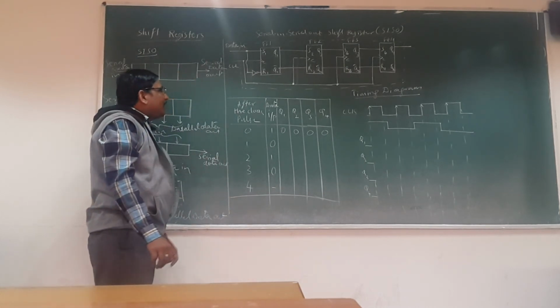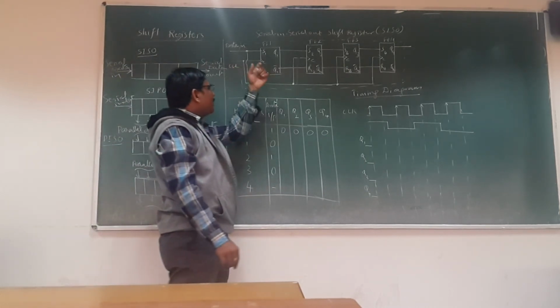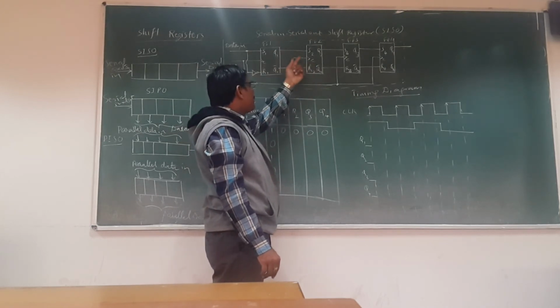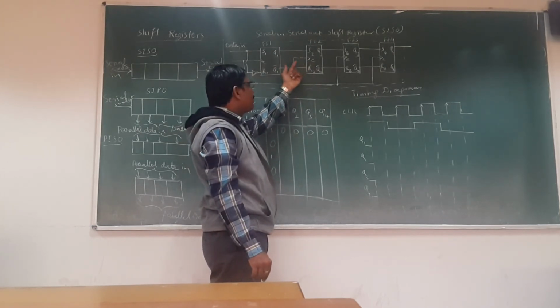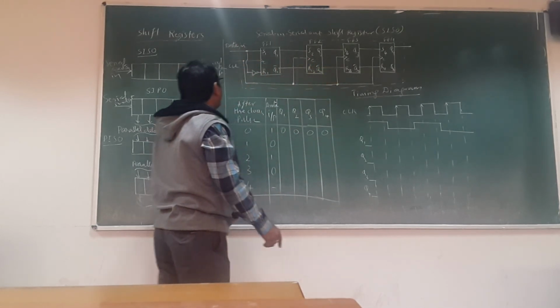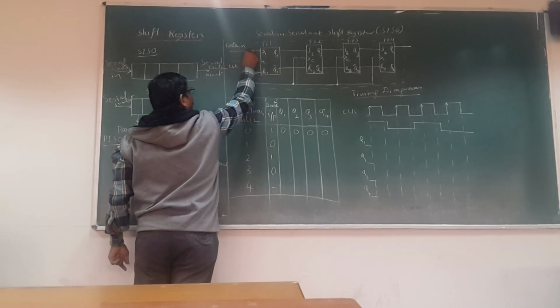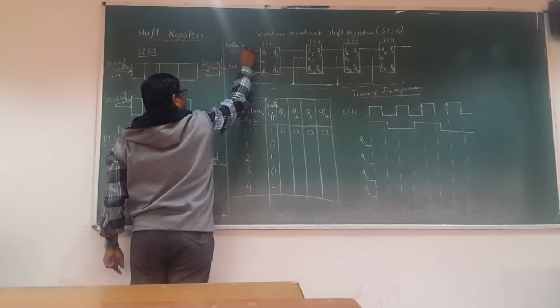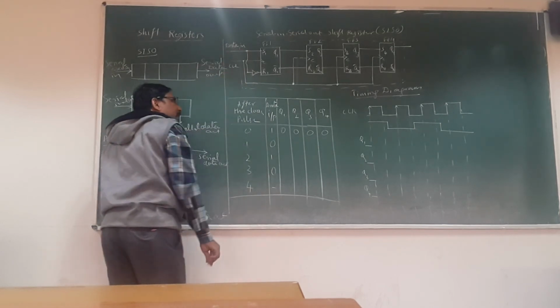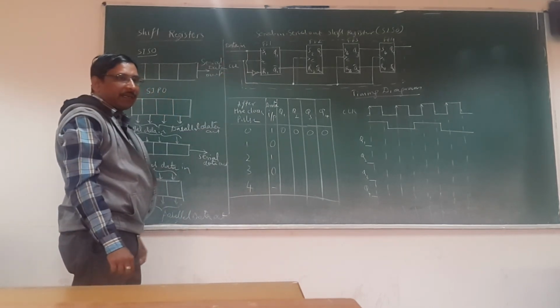Now, the outputs of the first flip-flop, Q1 and Q1 bar, are the inputs S2 and R2 of the second flip-flop, and so on. But for the first one, we have connected one NOT gate between S and R, since it has only a single input to enter the data inside.